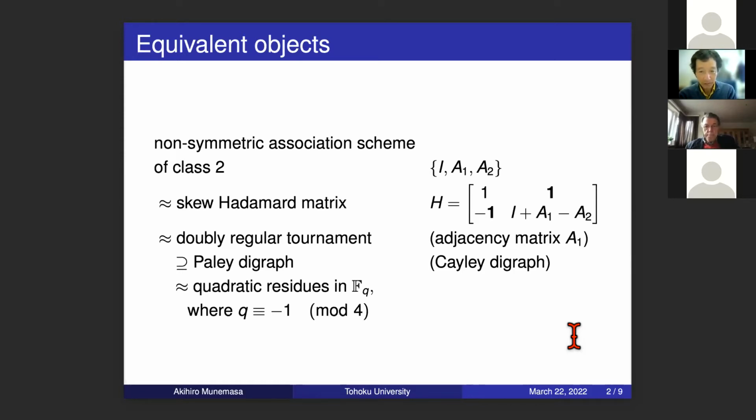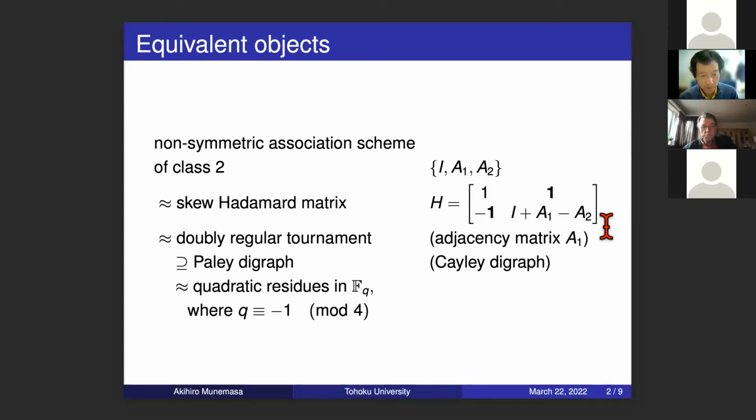And with this regularity condition, if you construct this matrix H here, I just have to add one extra column and one extra row, then this becomes a skew-Hadamard matrix. That means it's a Hadamard matrix in the usual sense, and it's almost skew-symmetric, except the diagonal entries are all 1.